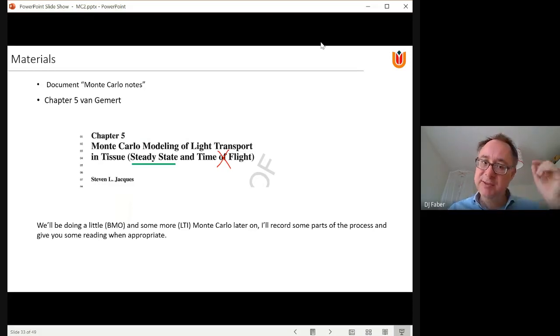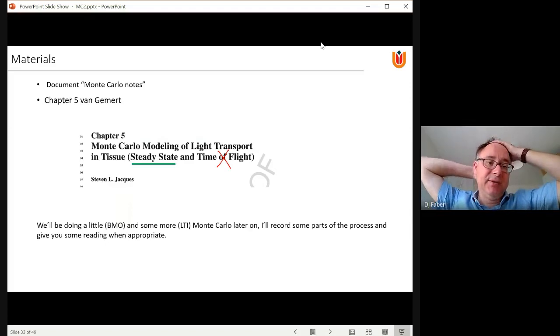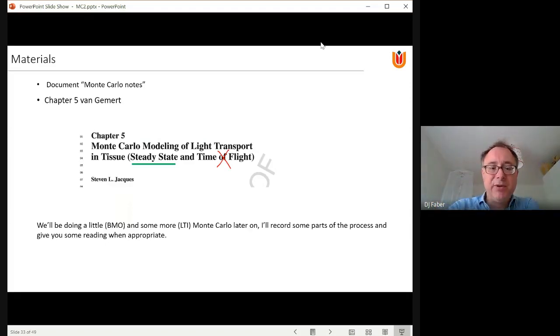There are 2 documents on Canvas. One is called Monte Carlo Notes, which writes this out. The other one is a book chapter, Monte Carlo modeling of light transport in tissues, steady state and time of flight. Time of flight is time dependent. We're not going to do that, but the steady state is basically what was in here.